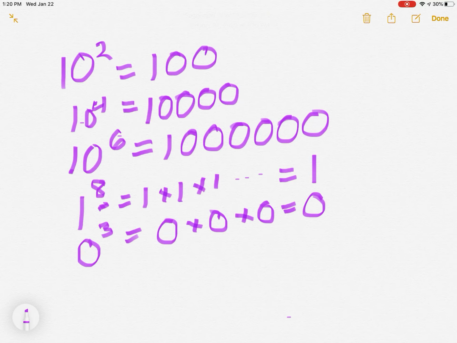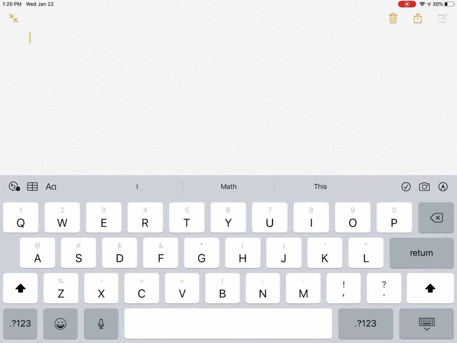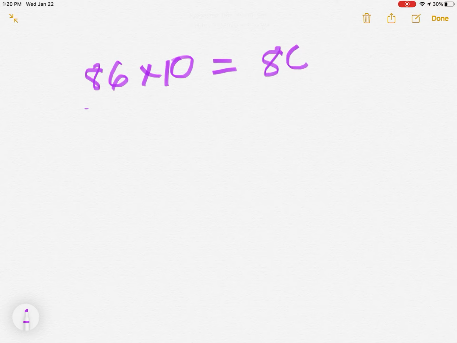Let's get to some problems that are on the quiz this week. So let's see. 86 times 10 is equal to, just write 86 and put a 0 at the end. Pretty easy.